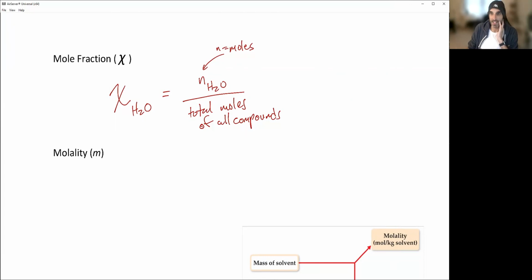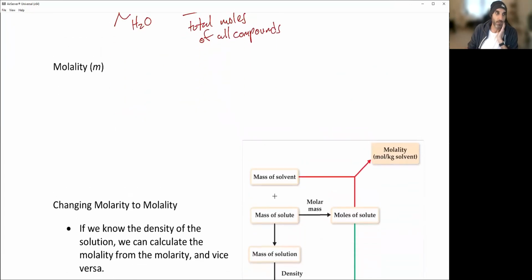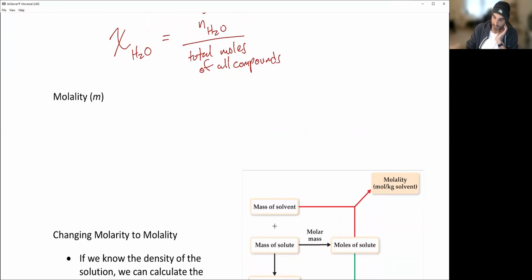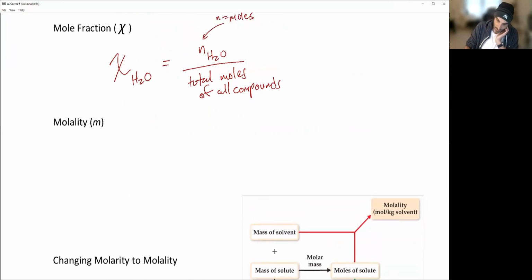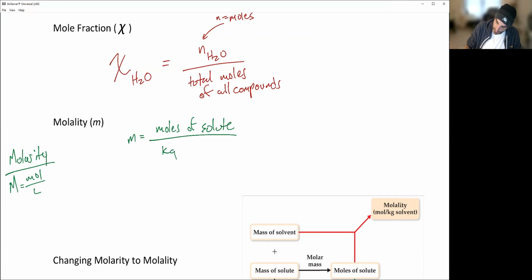All right, last little bit. The term molality. So we know what molarity is, and let me just remind everyone. Molarity is capital M, moles per liter. Molality is lowercase m, and it is going to be moles of solute over kilograms of solvent.